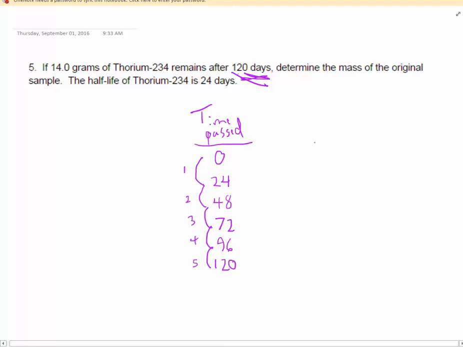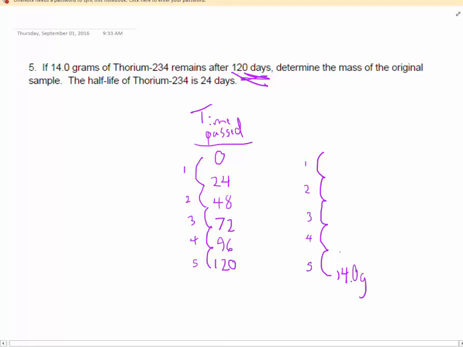So now we can look at, based on our half-lives, what happened to the mass in reverse. So in this case, since I know 5 half-lives went by, I know I end with 14 grams. Remember before we were cutting this in half.